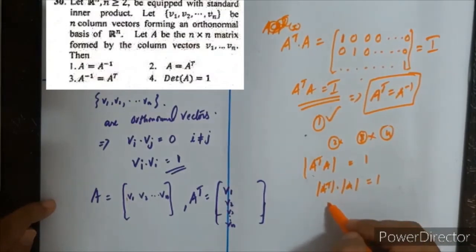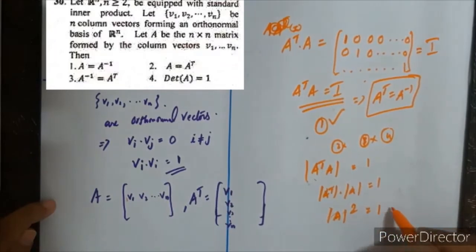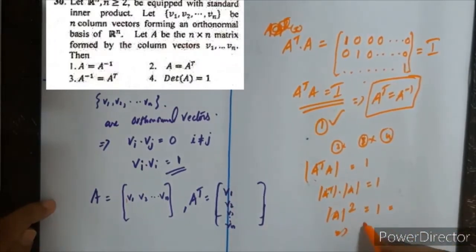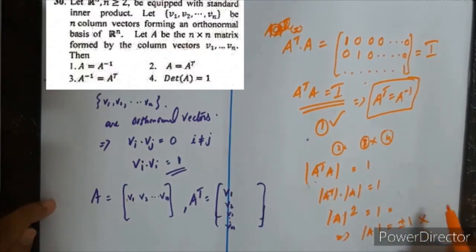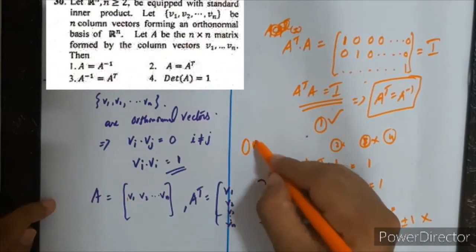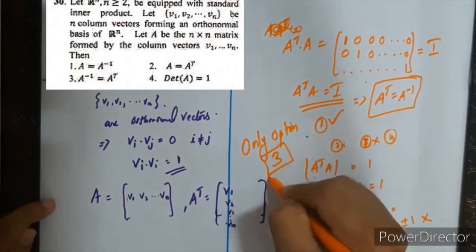We know that determinant of A transpose is determinant of A, so determinant of A squared equals 1, which implies determinant of A is plus or minus 1. This is not equal to exactly 1. So this option is not correct. Only option 3 is correct.